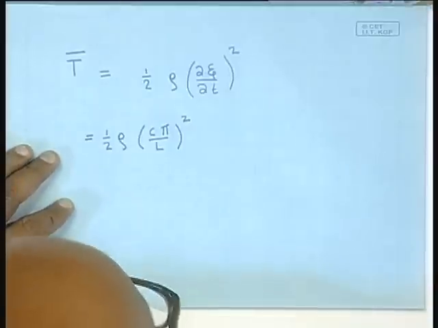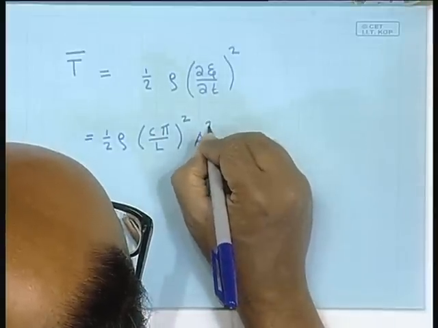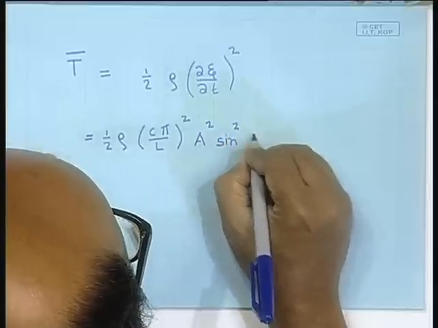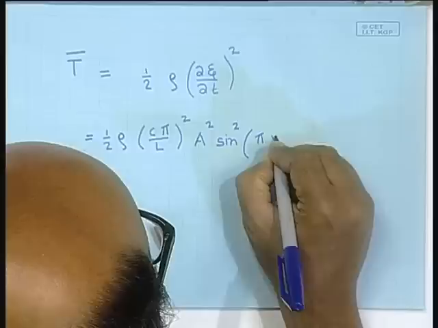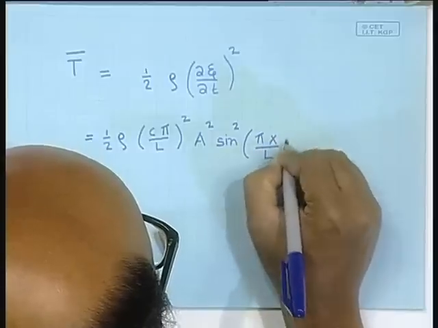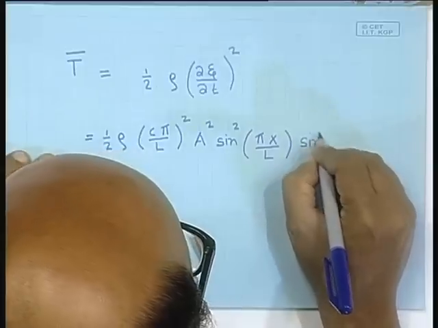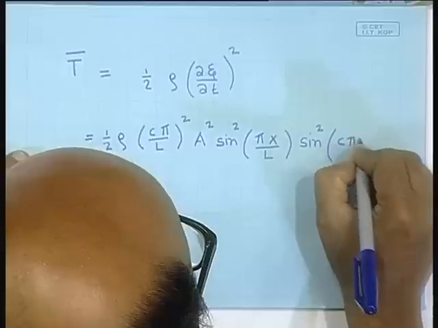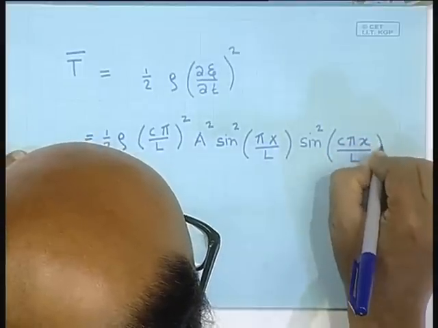So, what we have is a square sine square (pi x by L) into sine square (c pi x by L).